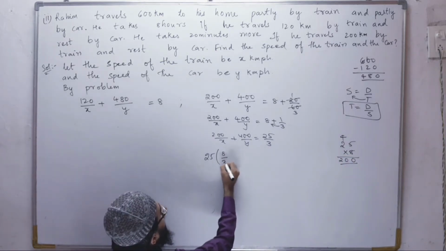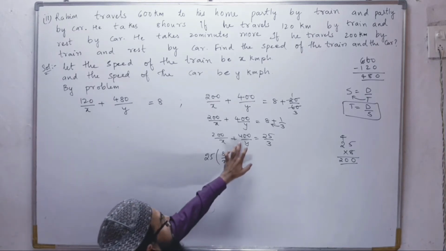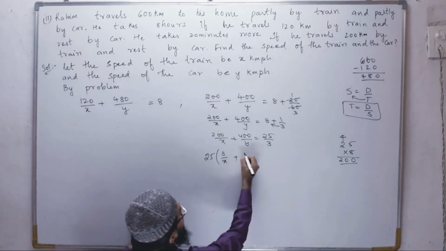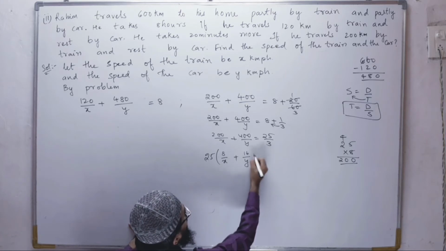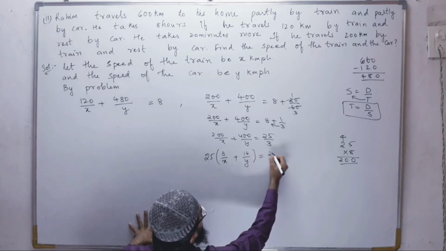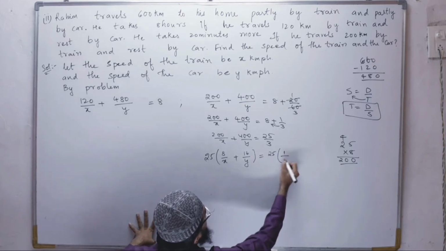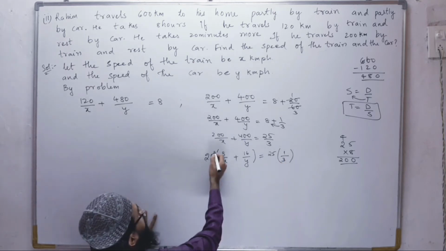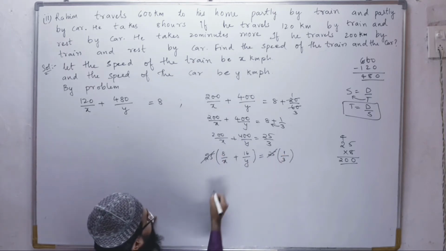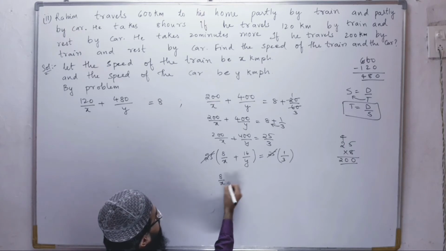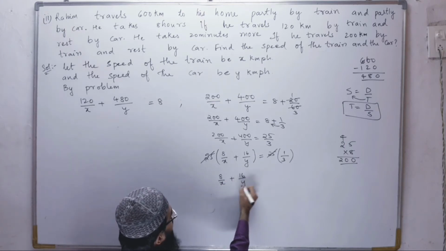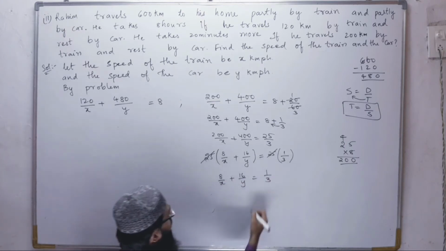So 8 by x plus, when do we get 400? 25 sixteens are 400. So 16 by y is equal to 25 by 3. Now we can cancel 25. So 8 by x plus 16 by y is equal to 1 by 3.